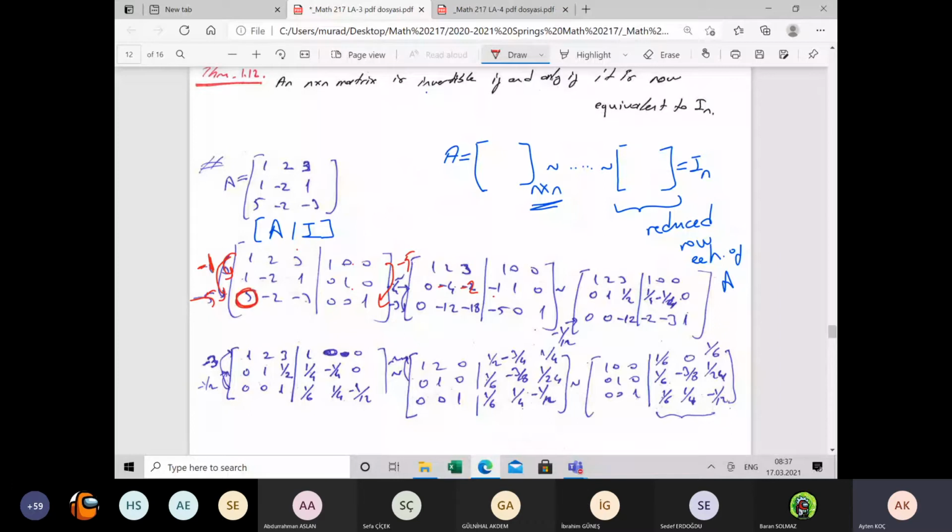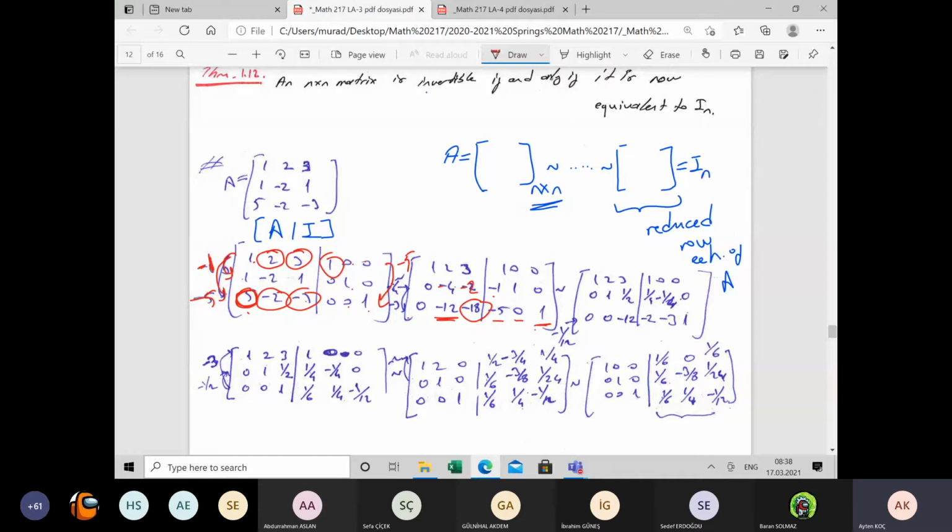So -5 plus 5 is 0. -10, -2; minus this one, and -5 times this one, 15, -3, -18, -5, 0 0, 0 plus 1.